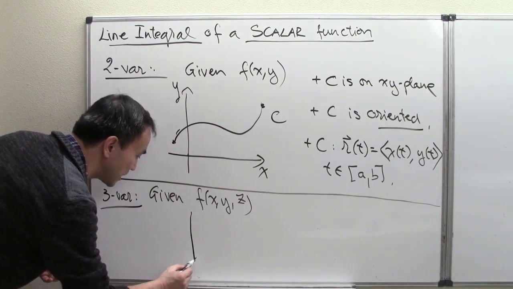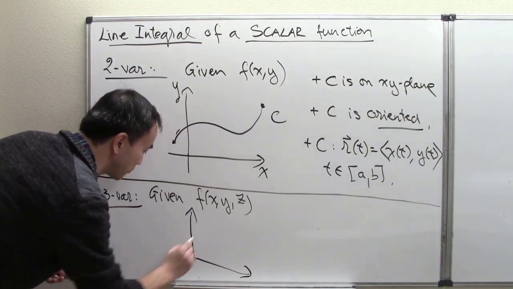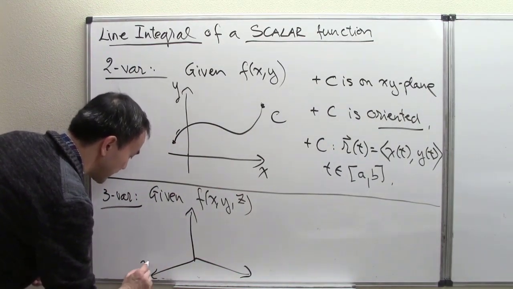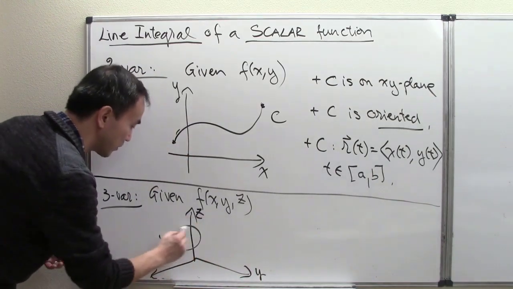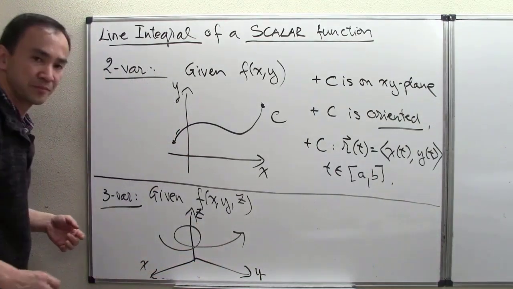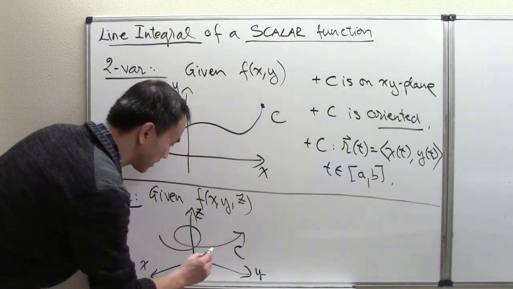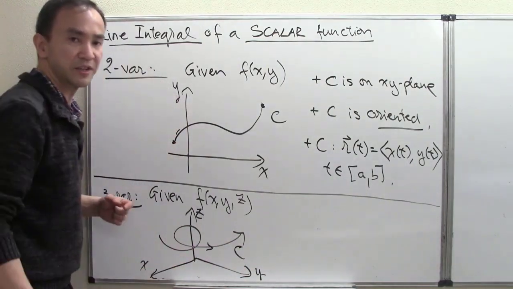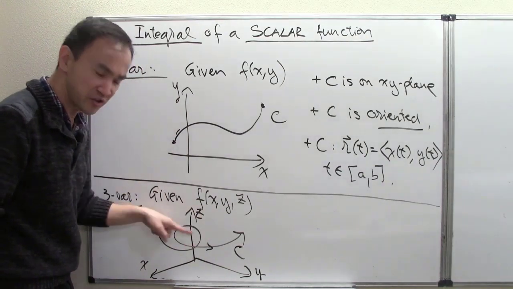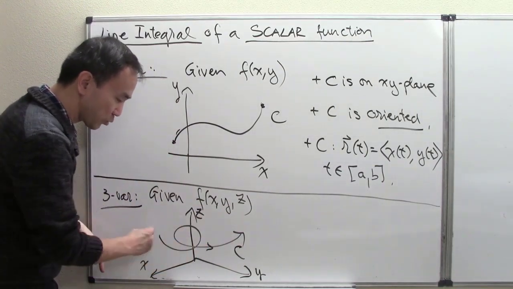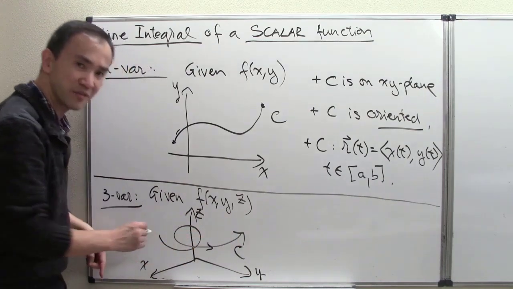So in the 3D space, we have x-axis, y-axis, and z-axis. We can have a curve going straight or bent or whatever. But this curve C right here has got to be an oriented curve. So I'm drawing just one orientation. It could be traversing this way, or it could be traveling along this way.